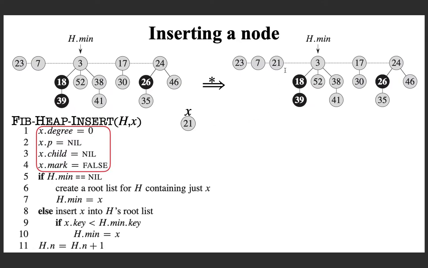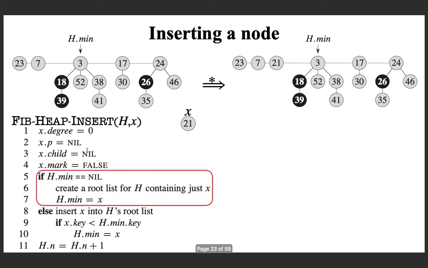There is no need to mark it. Later, maybe in the next class, we can see when a node can be marked. Here, when you create a tree with a single node, its mark must be set to false. So you just prepare the node so that you can insert it.